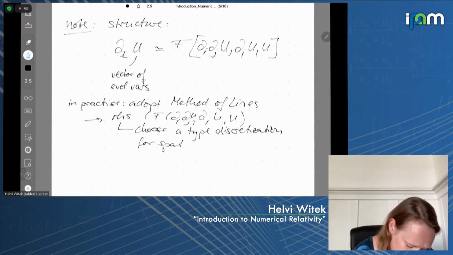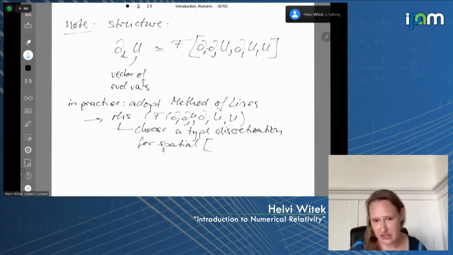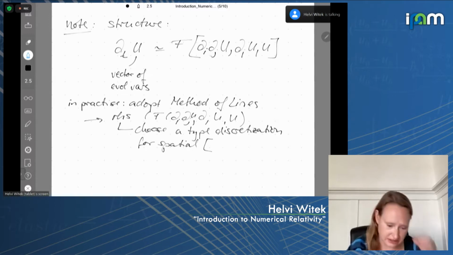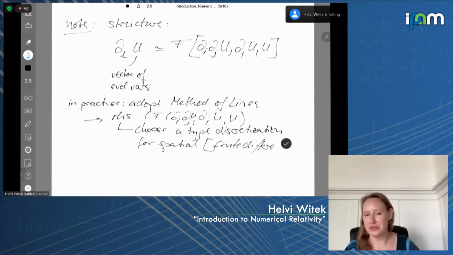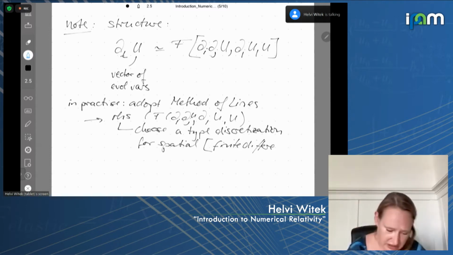So, for example, in the Einstein Toolkit, we are typically using finite difference stencils for the spatial derivatives. The SpEC code uses a different formulation, but they use spectral methods for the spatial discretization.